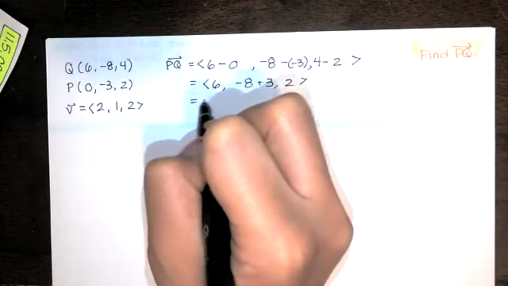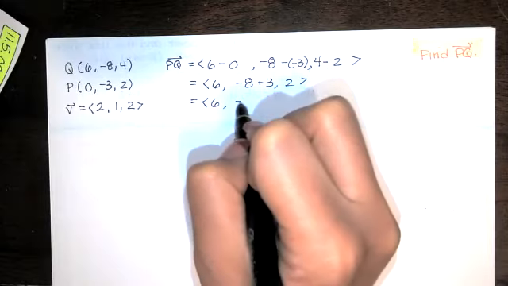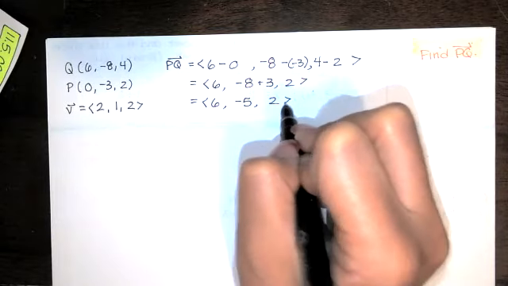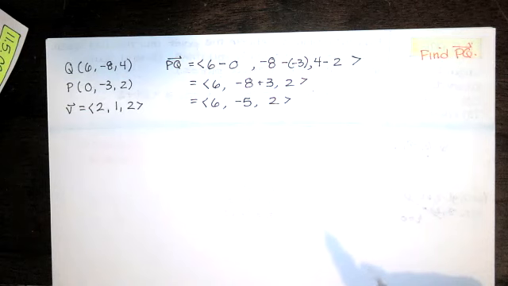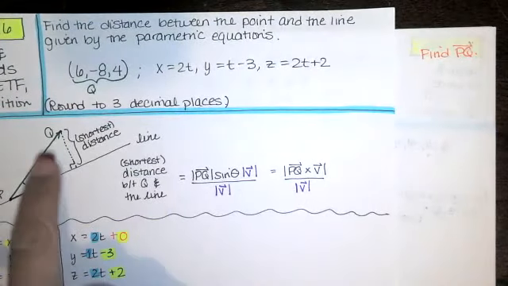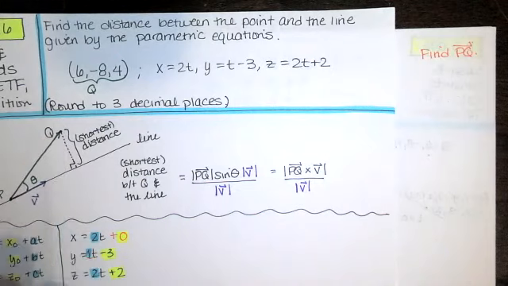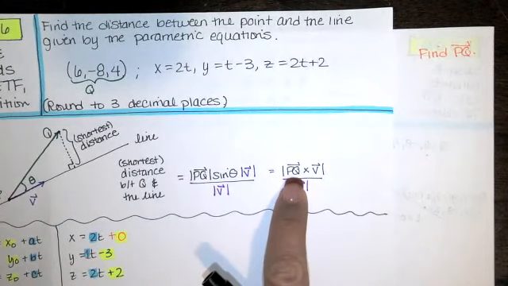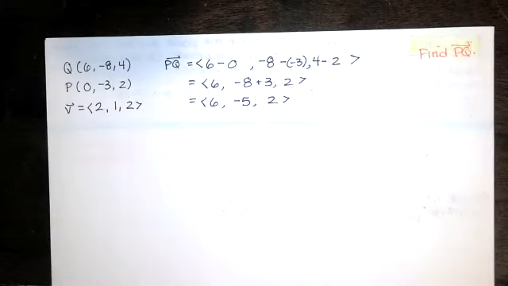And then, of course, that y component is -5. All right, so there's PQ. And now remember what we wanted. We're evaluating this formula to find the distance between that point and the line. So I found the vector PQ. Now I want to compute the cross product of PQ with the vector V.